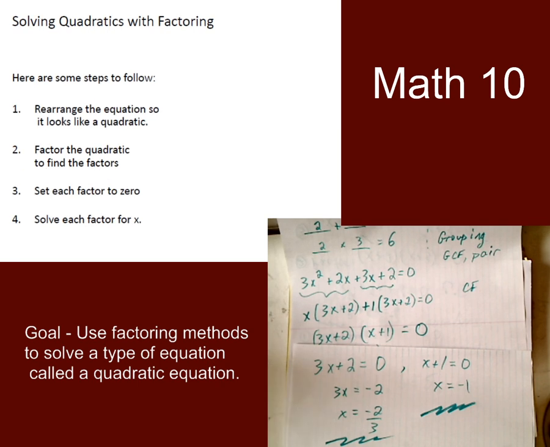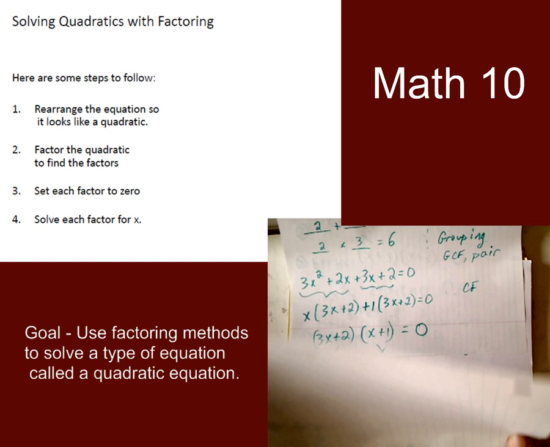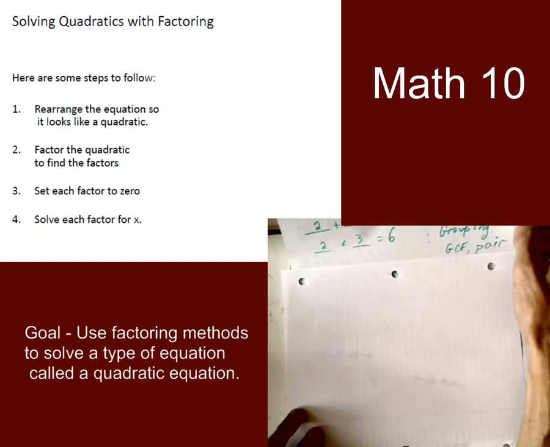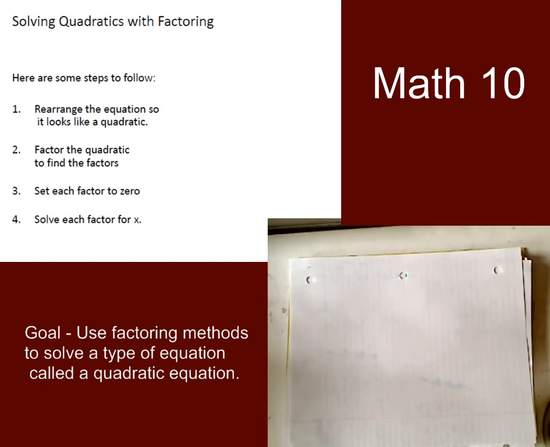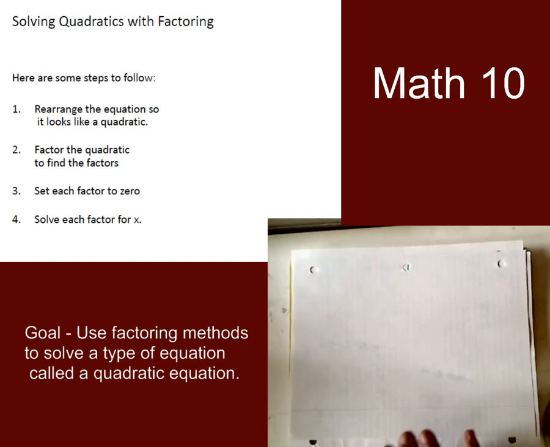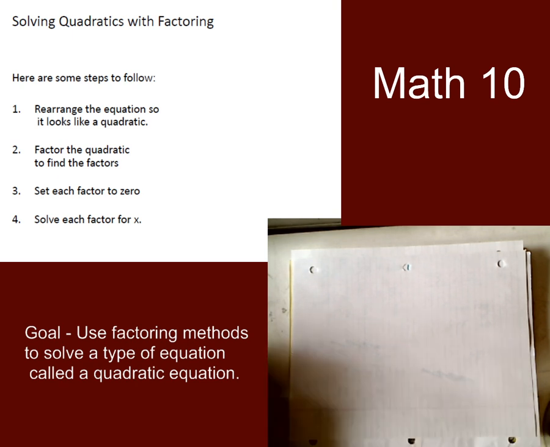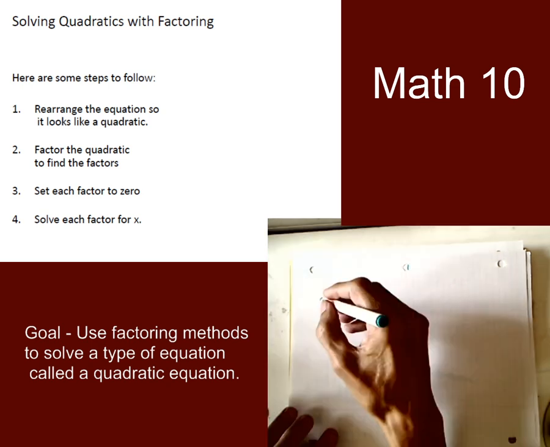So, what was seen today? Beautiful, good work. What was seen today was the challenge of finding the solution to a special type of equation called a quadratic. How do you do it? You make sure it's set up so that it looks good.